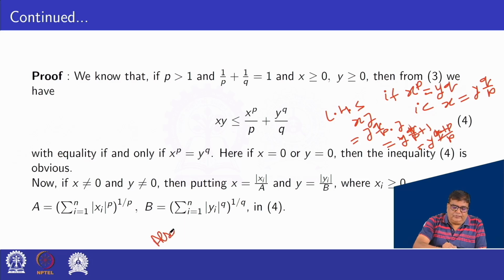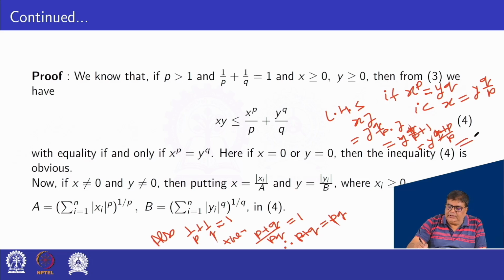Also 1 upon p plus 1 upon q is equal to 1. Then p plus q upon pq is equal to 1. Therefore, p plus q is equal to pq. Then this is y to the power pq upon p, that is y to the power q.